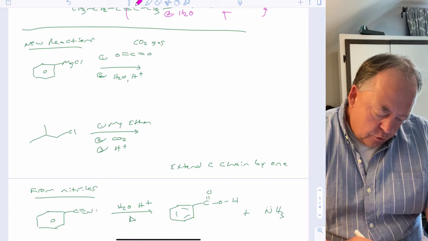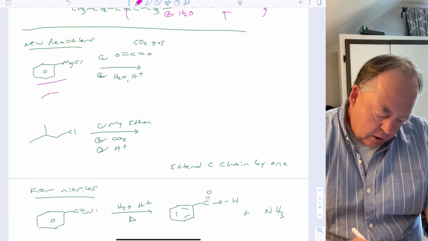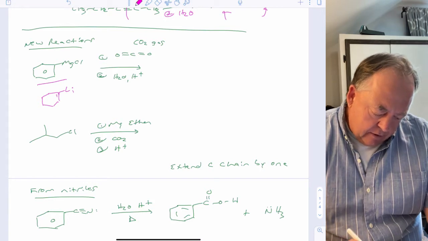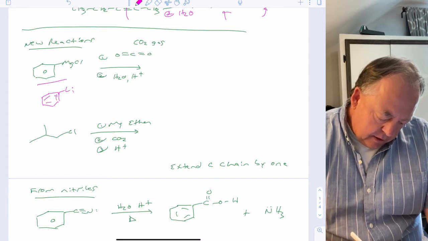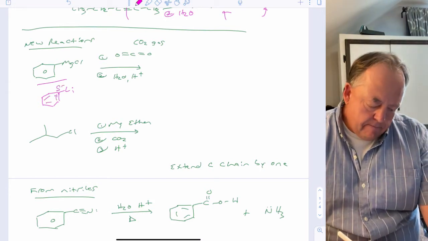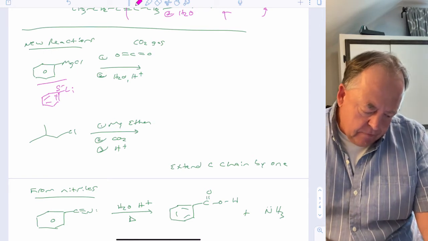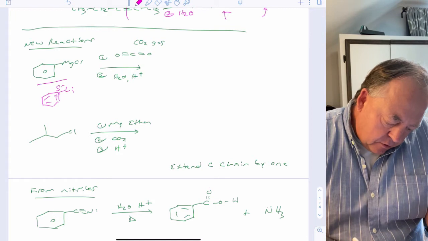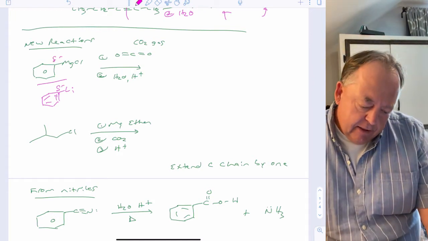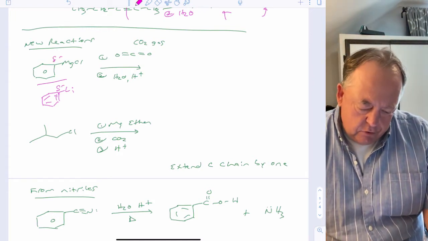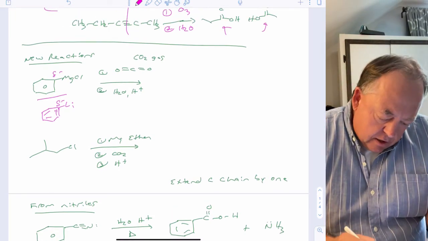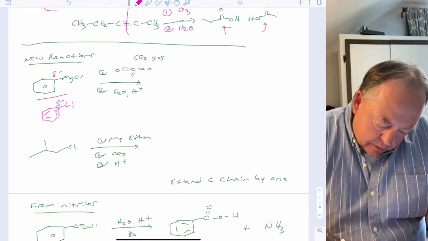So you can take a Grignard reagent, or it could be an organolithium reagent. And if you remember, in this case, that carbon is partial negative. So if you react that with CO2, then this carbon is partial positive.